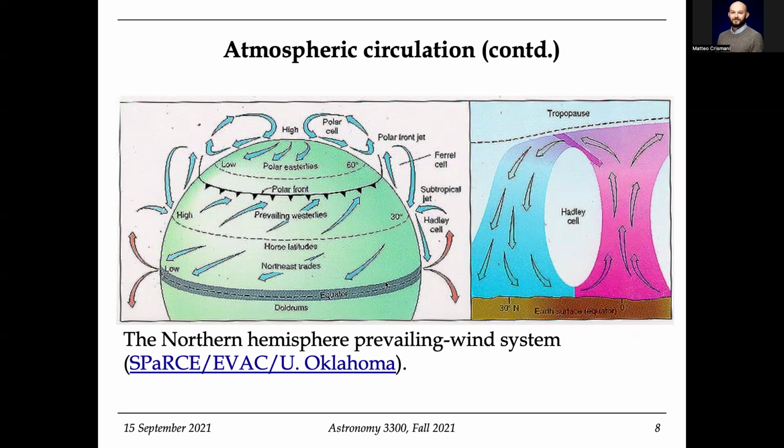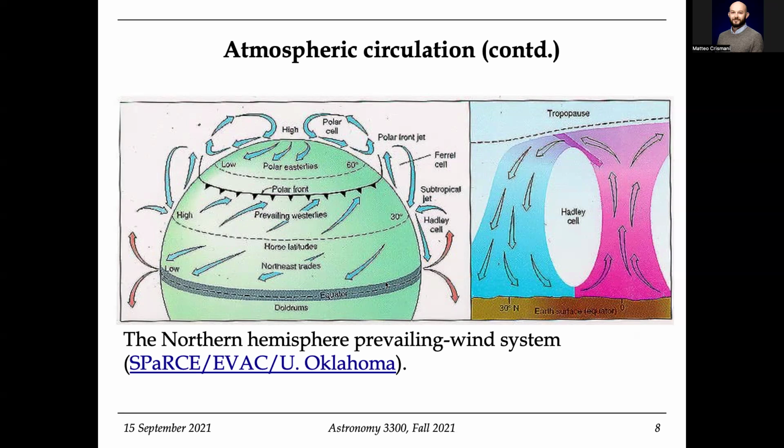Here you get circulation that goes up. This is the high altitude. It's hot, and then it sinks at about 30 degrees. And these are the trade winds that are sweeping the northeast, and they're called the northeast trades. And then you have the prevailing westerlies, and then you have the polar easterlies.